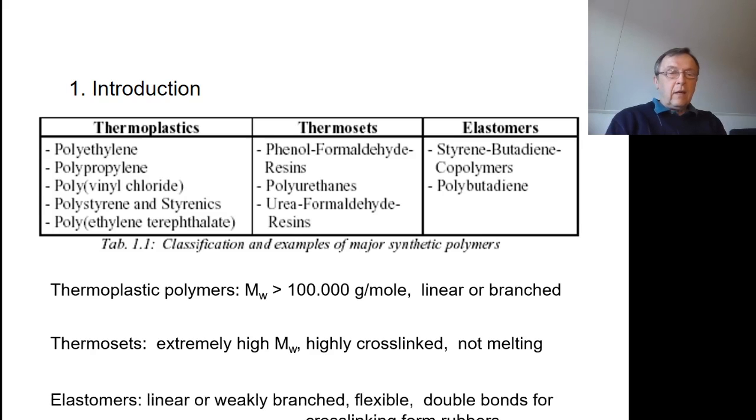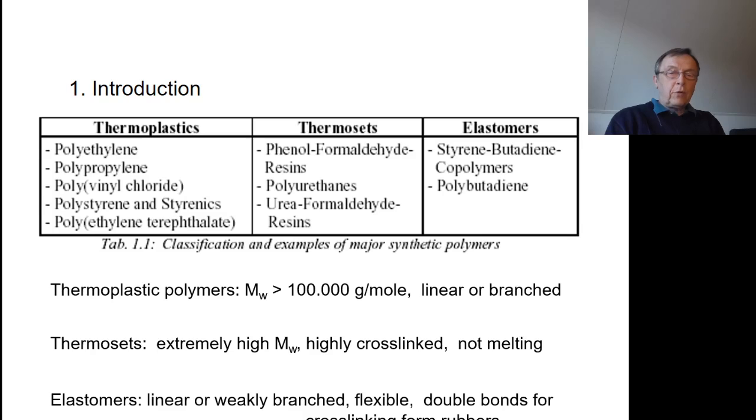And finally, we come to the elastomers that are again linear or weakly branched materials, and their most important property is their flexibility. And most of them carry double bonds in order to cross-link them in order to form rubbers. So the elastomers are first highly flexible materials, and the final products that we would like to use need an additional step in manufacturing by cross-linking.